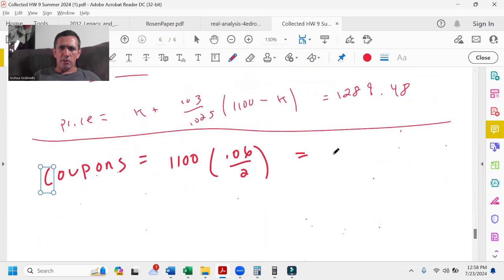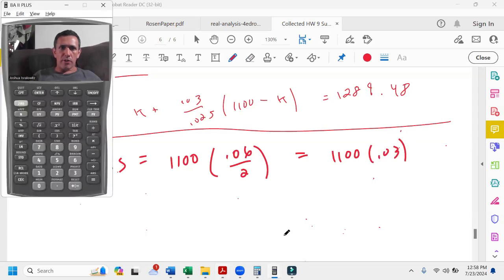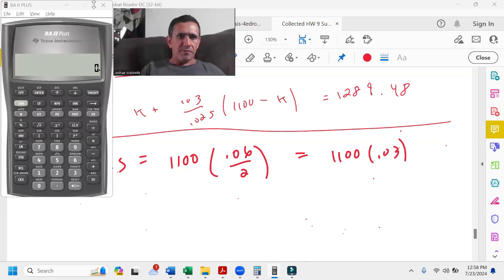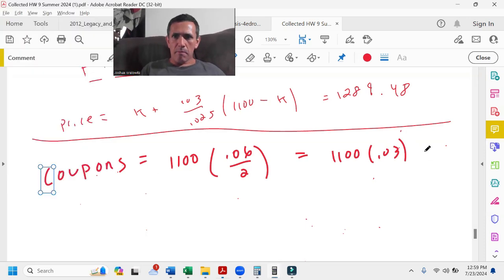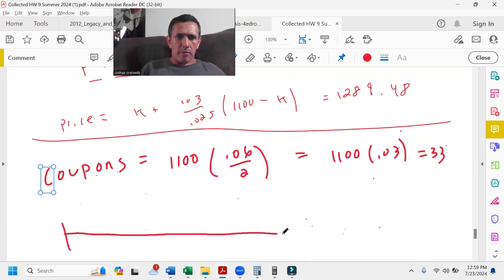So this is just 33. 700 times 0.03. All right, so your time diagram is as follows.